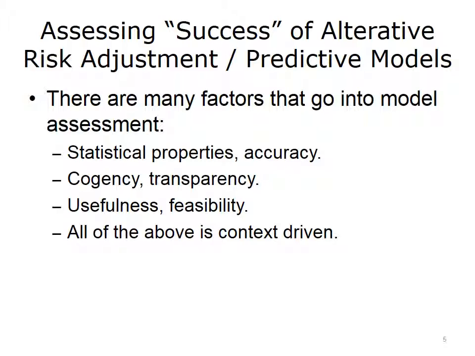But one can have a pretty accurate statistical model that doesn't make sense. If you can't understand it, if it isn't transparent, well then perhaps that's not so useful. Speaking of usefulness, you need a model that ideally could be applied in many different applications. These applications, or use cases, can be financial, clinical, or analytic.